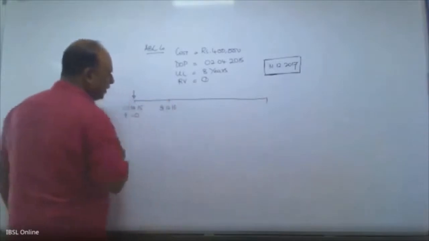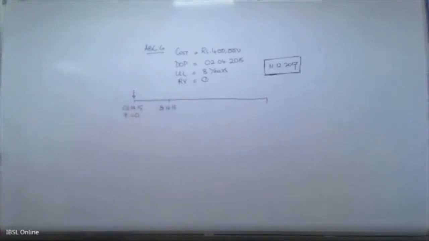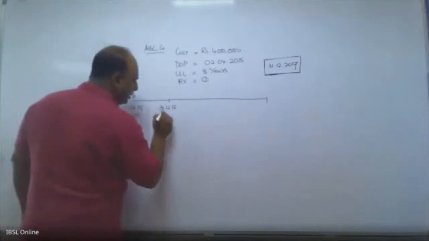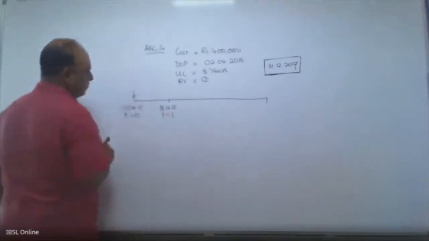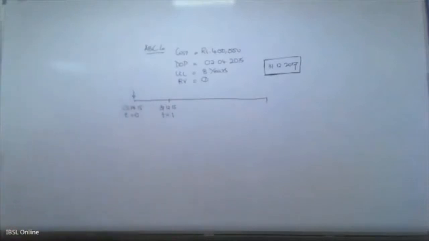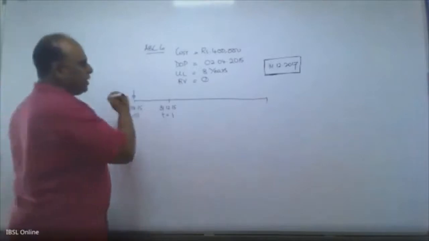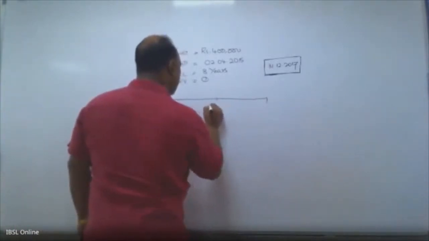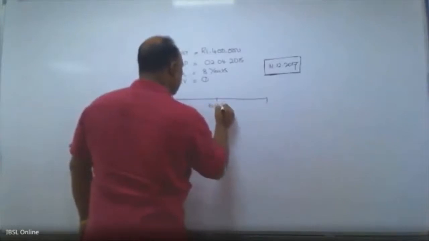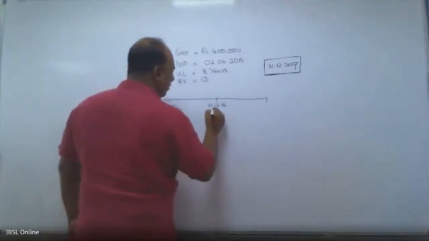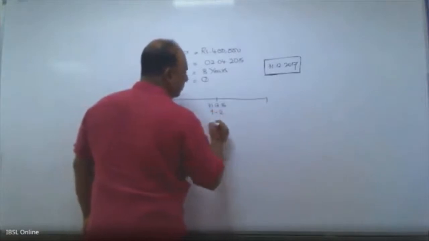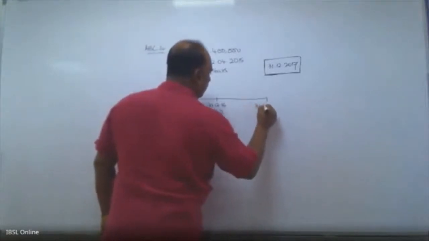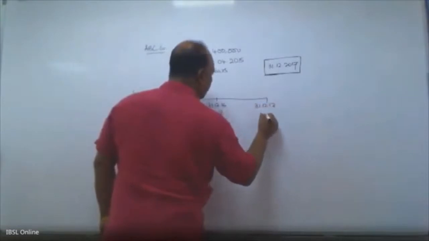Is that understood? Okay, so I call that t equal 1, just for our understanding. Then my second financial year will come in 31/12/16. That will be my t equals 2. And the third one, 31/12/2017. That is my t equal 3.